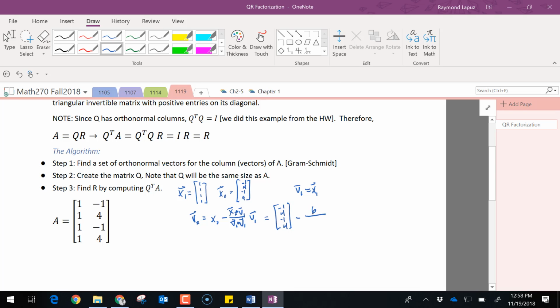And then v1 dot v1 is 4. And then multiply this by minus 1, 4, minus 1, 4. So this is 3 halves.